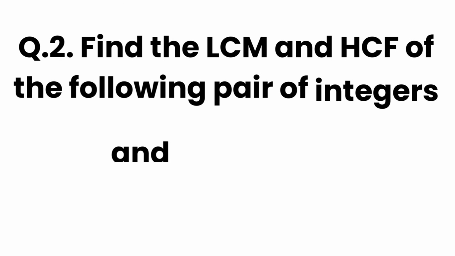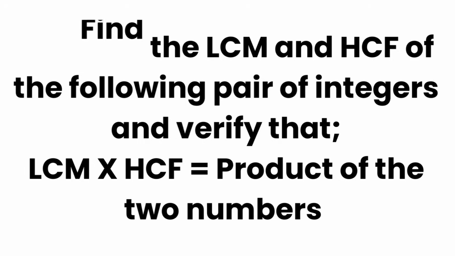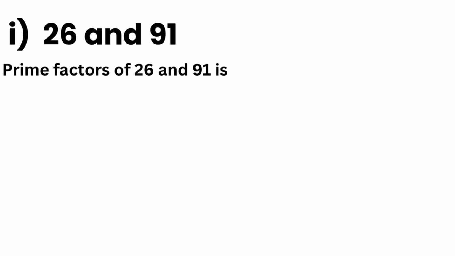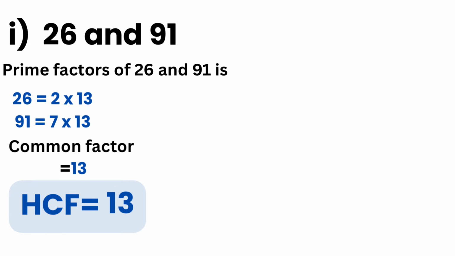Now in question number 2, it says to find the HCF and LCM of each pair, and then we have to verify an important relationship, which is HCF multiplied by LCM is equal to the product of these two numbers. First, we need to find prime factors for these numbers. So 26 would be 2 into 13 and 91 would be 7 into 13. Here the common factor is 13, so the HCF would be 13.